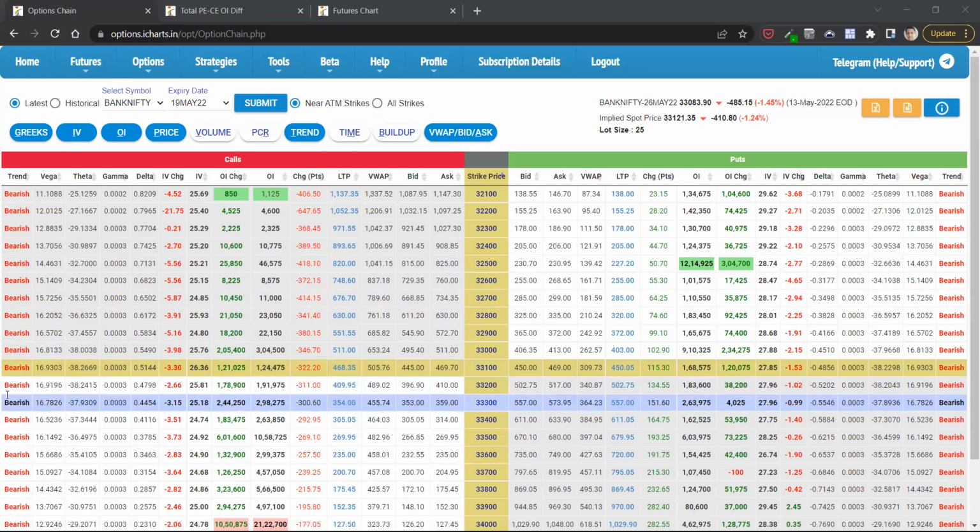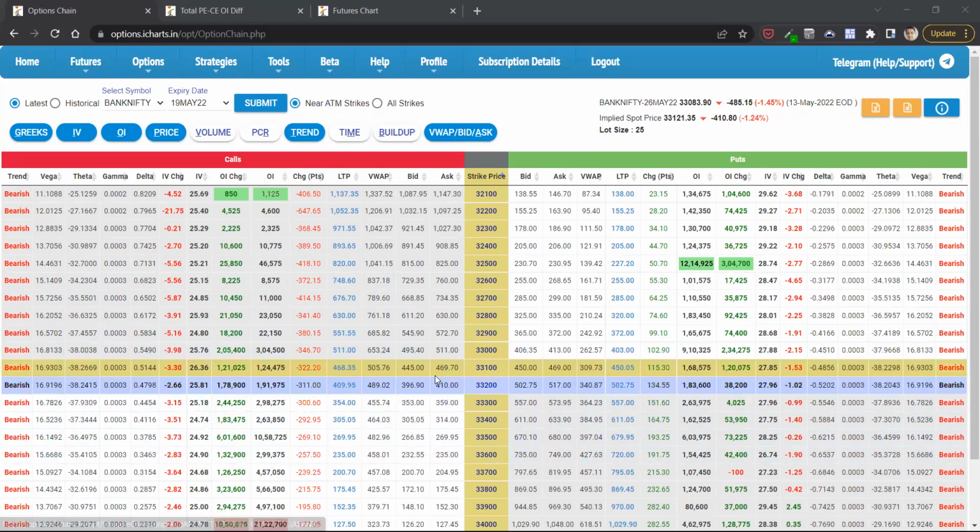So here, obviously, it is bearish. At the moment, it is showing as of Friday market close, and we know that it was completely bearish. This tends to change very quickly, so you can monitor this continuously. This depends on OI buildup, basically.